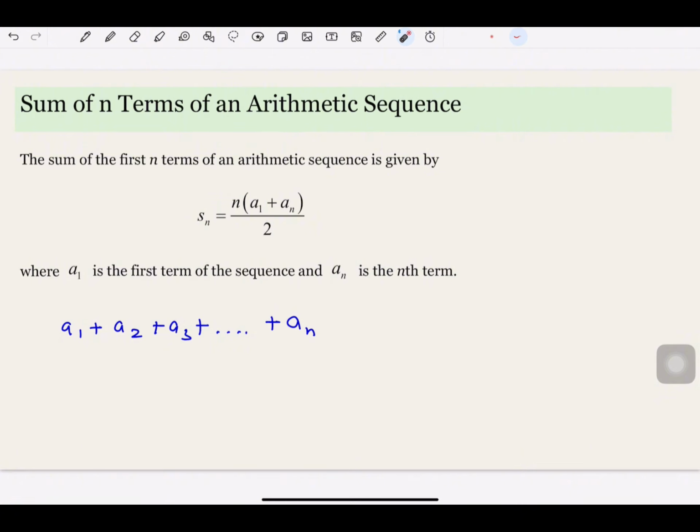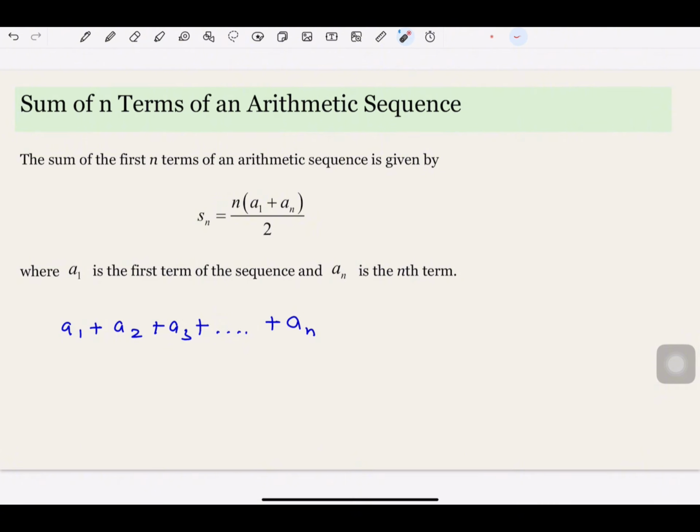Okay, so there's a formula. This is a simple and elegant formula to find this sum, which is given by this formula. Here S sub n is the sum of the first n terms. Here a sub 1 represents the first term, a sub n represents the nth term, and n is the number of terms.